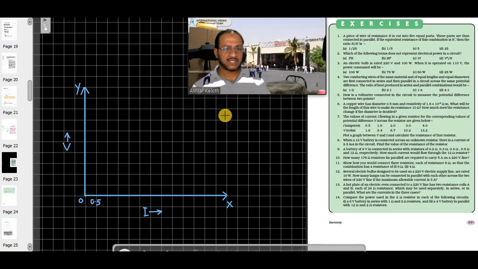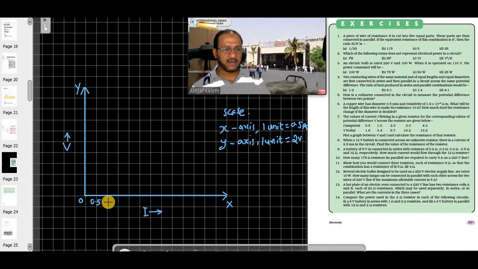You can write down the scale. On the x-axis, 1 division equal to 0.5 ampere. We'll take 1 division equal to 2 volt on the y-axis.